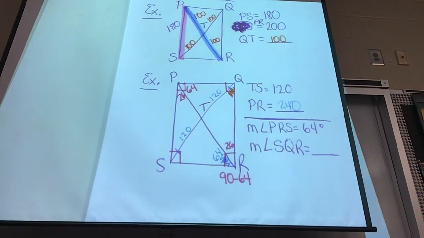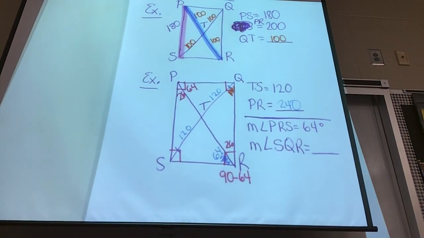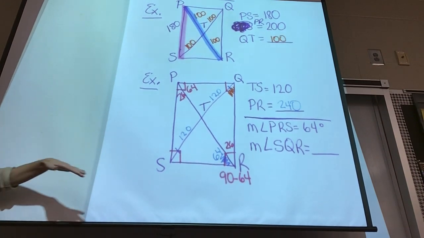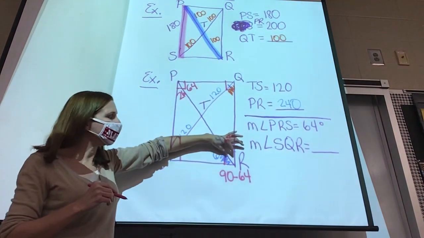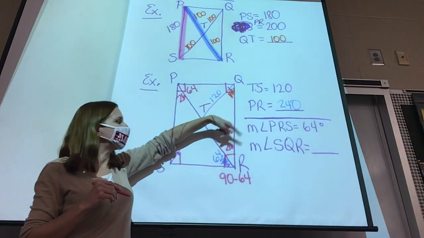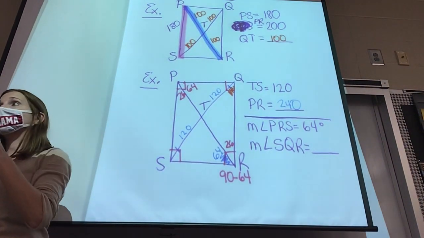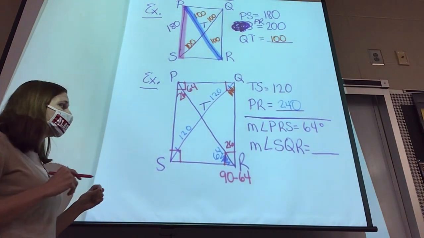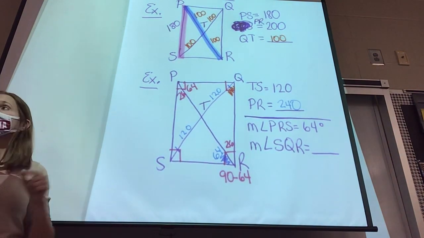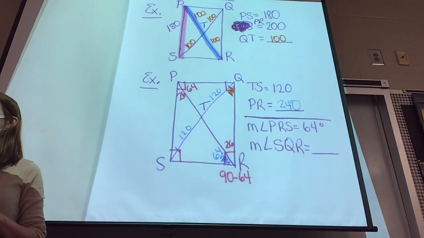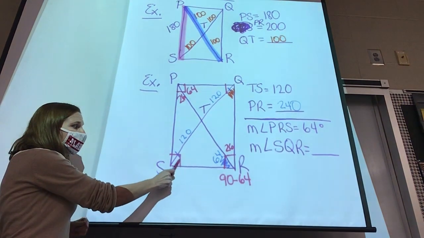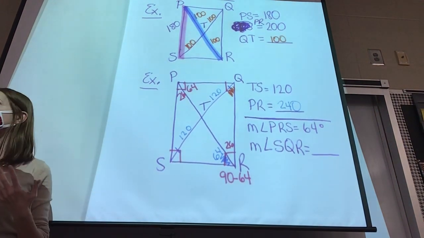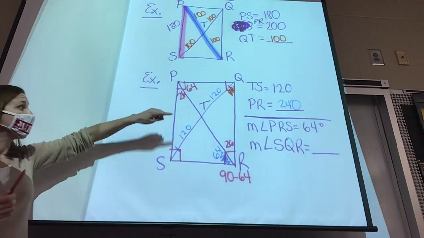That's what I said. I don't know how I got that. Okay, here's what's happening. If you look at your triangles, these right here are going to be smaller angles. You should be able to tell that by looking at your paper, because you've got different triangles.